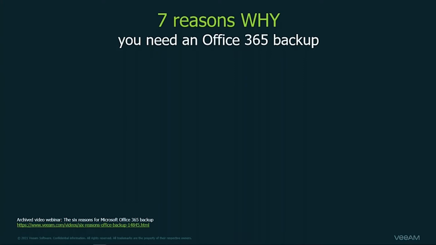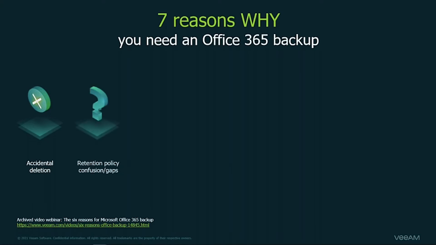But before we get into all the technical goodness, let's quickly recap why exactly we choose to back up Office 365 data. First off the list there is accidental deletion. Of course, we know that human error is still definitely a top concern in our organizations, simply because it happens so often. And we need to make sure that the risk of data loss happening because of human error is mitigated.